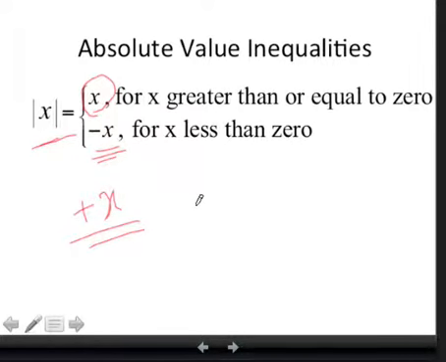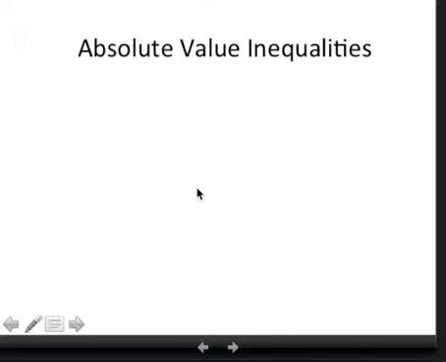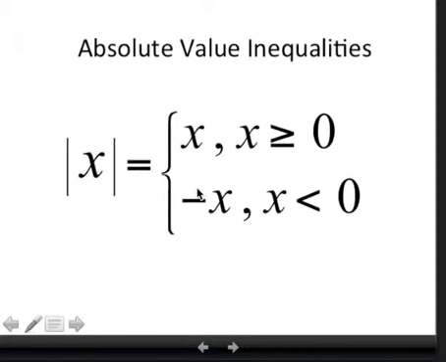So let's write these things a little bit more symbolically. Here mod x is written as positive of x for x greater than or equal to 0 and negative of x for x less than 0.